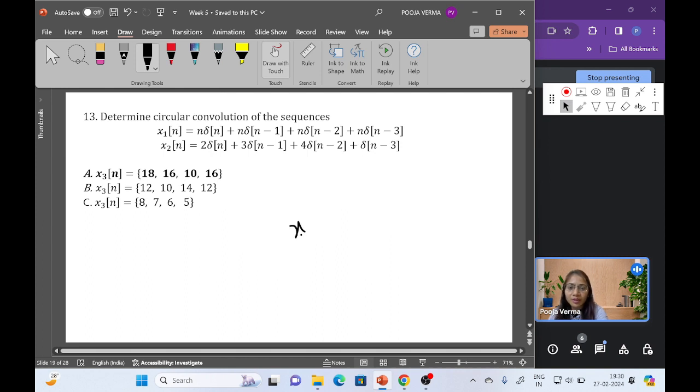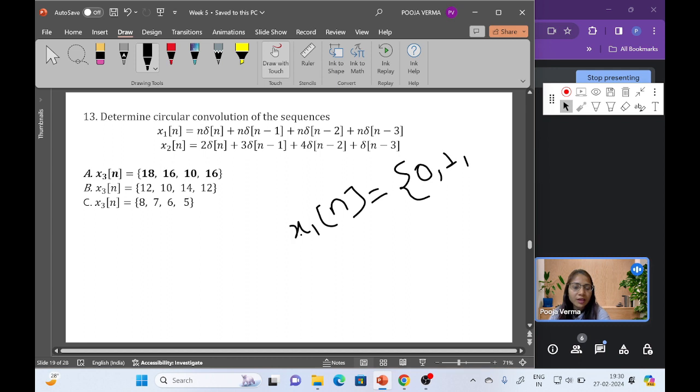So what would be the x1[n], what will be the sequence values here? At n = 0, delta[n] is 1 and the value of n is 0, so 0 will be there. Then at n = 1, n will be 1 only.